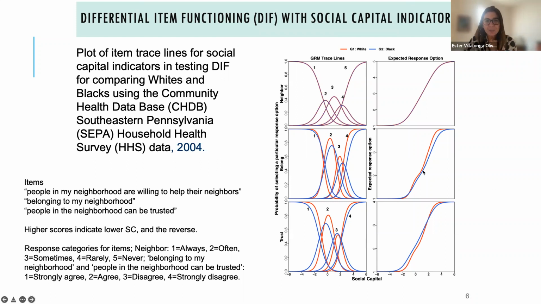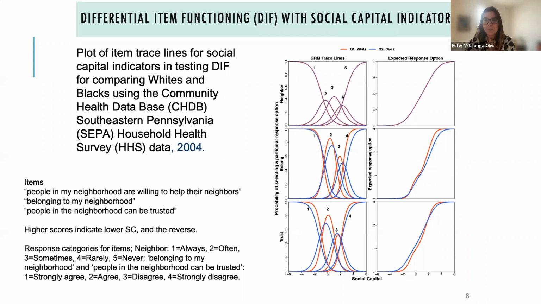Please concentrate on this one here. In the item belonging to my neighborhood, whites have higher levels of endorsement of the disagree and strongly disagree options compared to Blacks when having the same low levels of social capital.